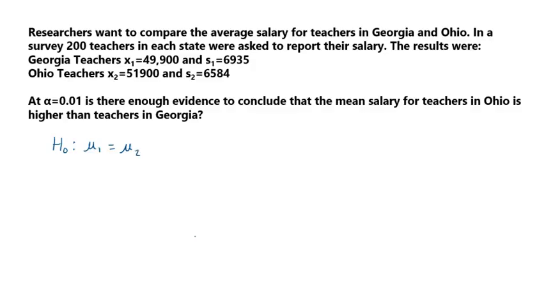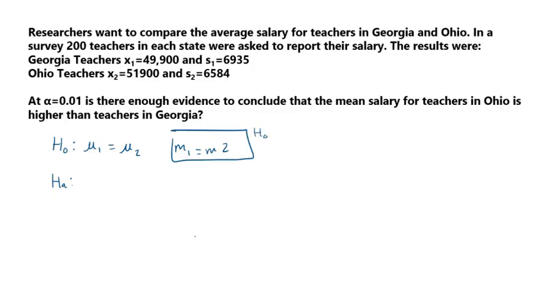Again, the mu is tough for you guys to type in Desmos, so the way I want you to type it in Desmos is that mean 1 is equal to mean 2, and you don't have to worry about making the numbers smaller, just like we did for the proportions. And this is always going to be the null. This is not going to change for everything that we're doing in this class.